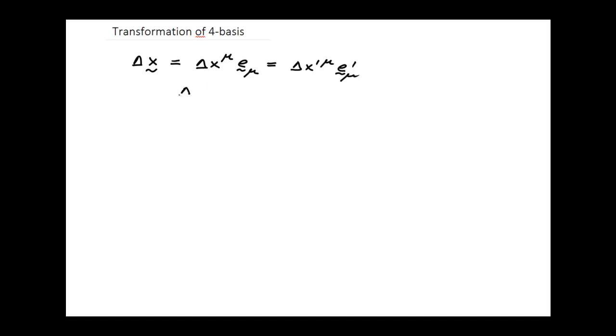So we know that delta x prime mu is lambda mu nu delta x nu. When we insert this here, then we find a transformation law for the basis vectors.